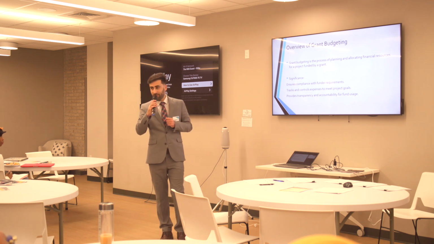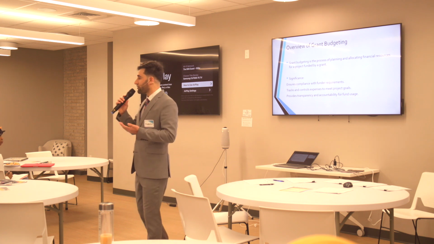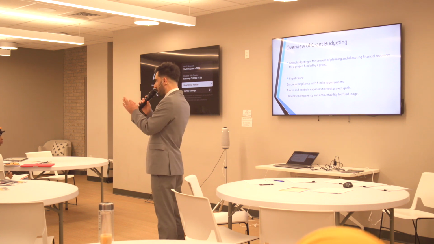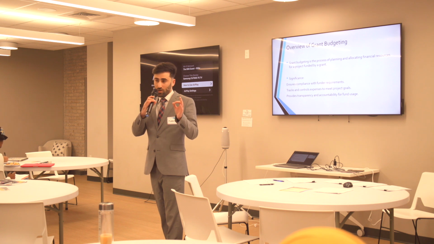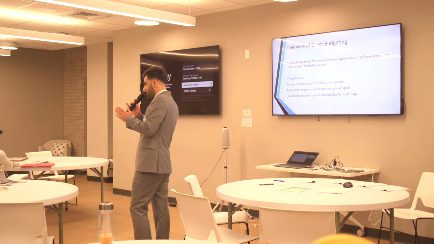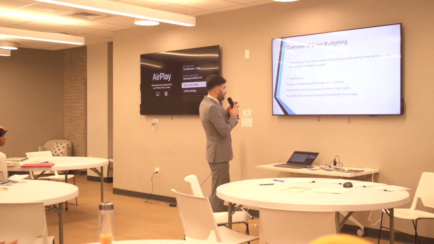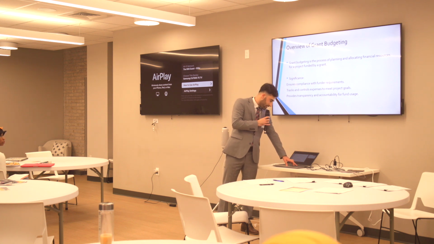If you have received money, at the end of spending that money, you have to provide reports on how that money was spent. Was the money spent on the basis of the criteria of that grant, or was that money spent just for some random things which don't match the goals of the grant? So these are some of the significance of grant budgeting and why grant budgeting is important.